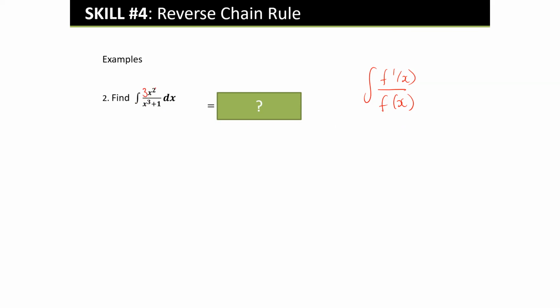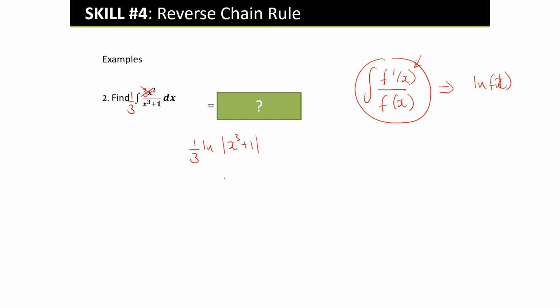Now, if I've made that 3 times as big, I'll need to compensate and put a 1/3, because whenever you integrate this situation, it's just going to go to the ln of the f of x, because the differential is going to come from the chain rule. So once you've got that situation, you don't need to worry about the differential on the top. This is just going to be 1/3 the ln of x cubed plus 1.